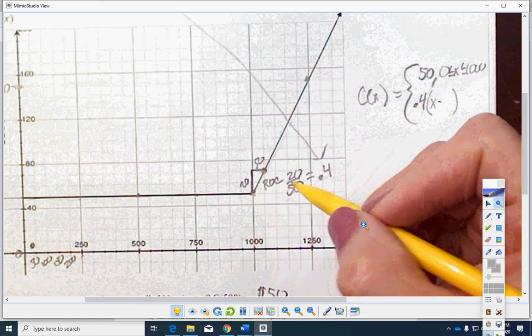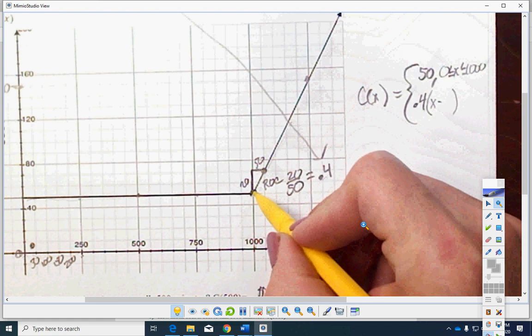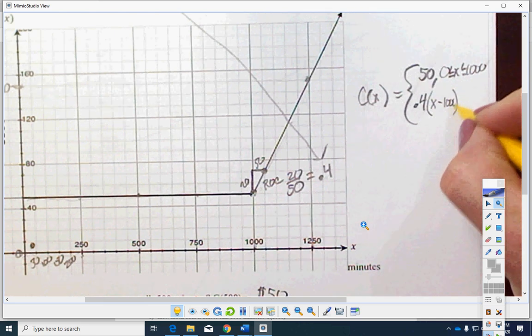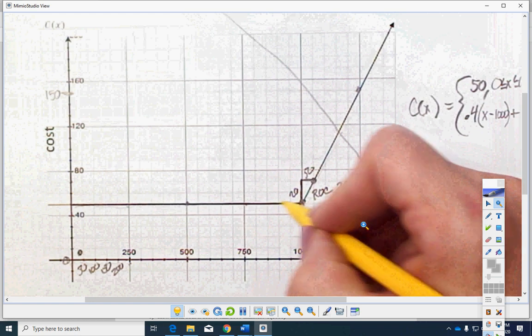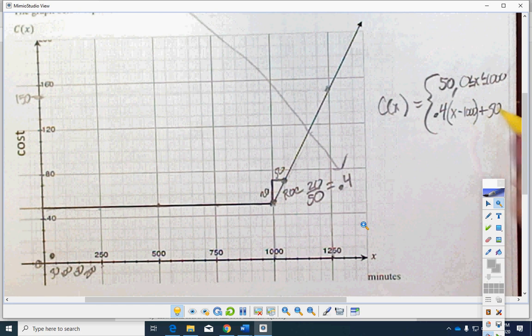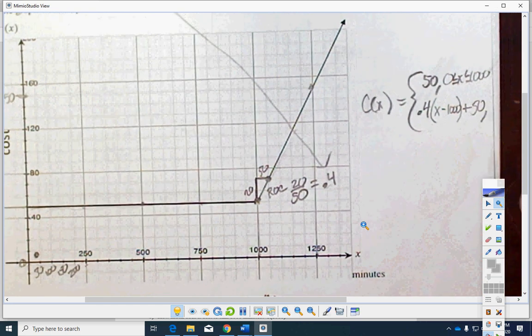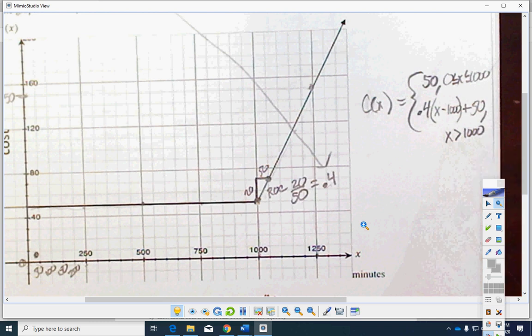I'm going to use this first point of that piece as my shift. I could look at the number right here. It shifted to the right 1,000. And it shifted up 50. I kind of ran out of room for where it exists, so I'm going to put it down a little below. It exists for x greater than 1,000.